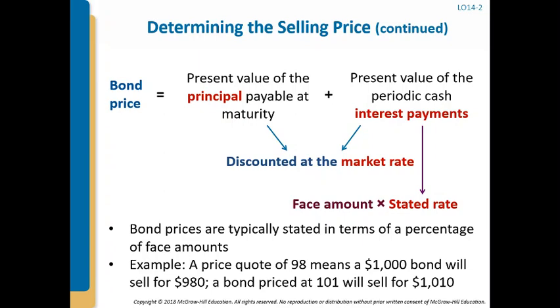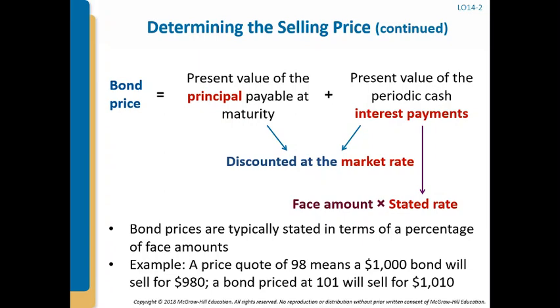When they're sold on the secondary market, you'll see in the exchanges that their prices are quoted as a percentage of the denomination of the bond.